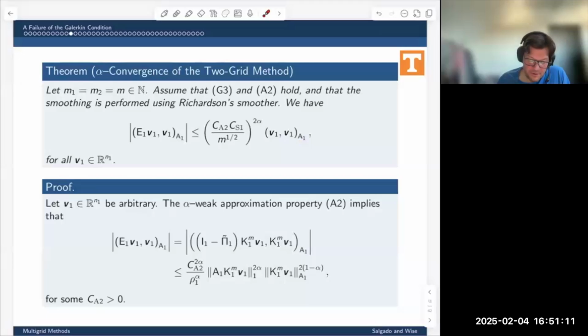Well, the first thing I want to do is let V1 be arbitrary. Anything we want, and we want as a target to show all of this. The first thing I'm going to do is use the alpha weak approximation property, which I'm assuming holds. Alpha weak approximation property, which is approximation property A2.